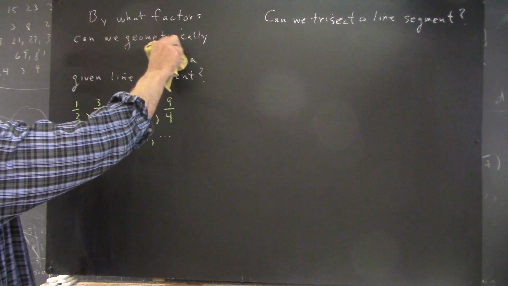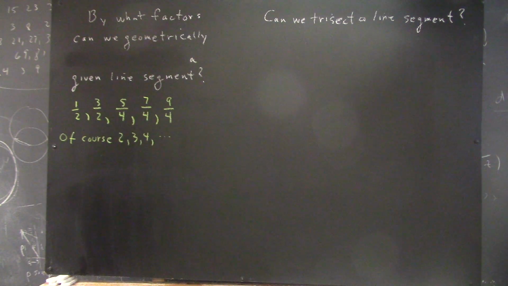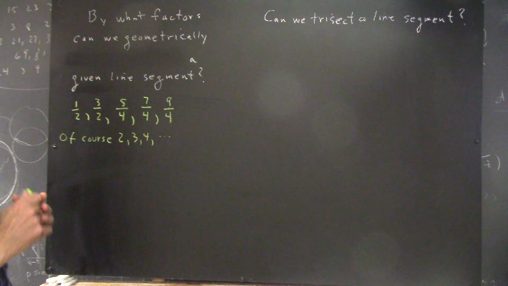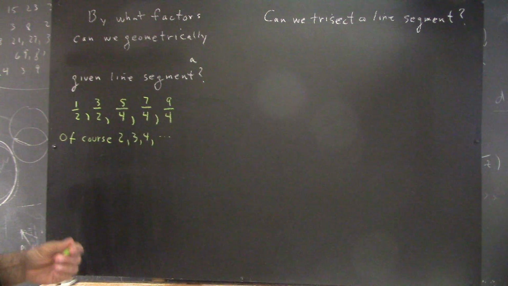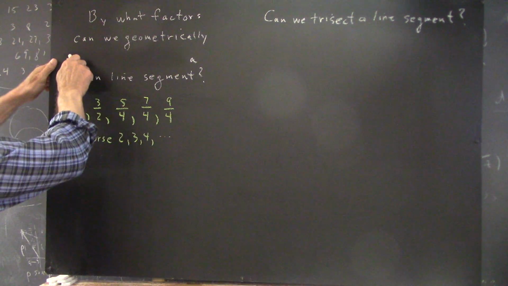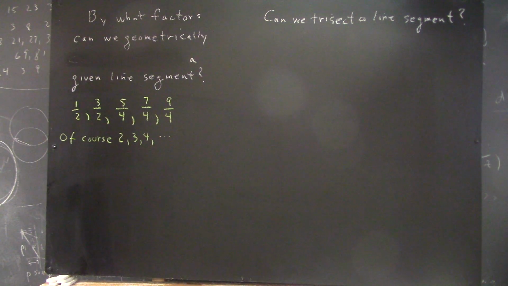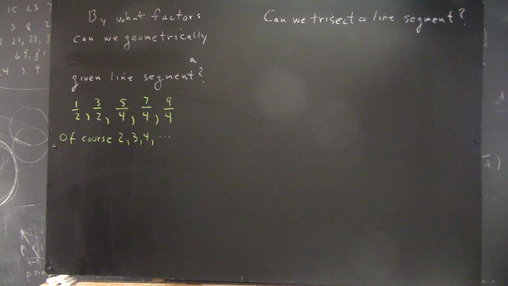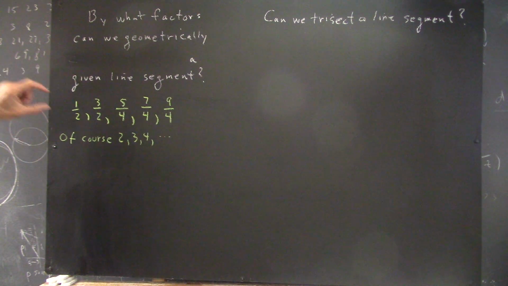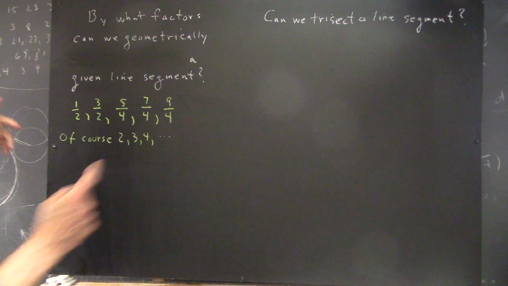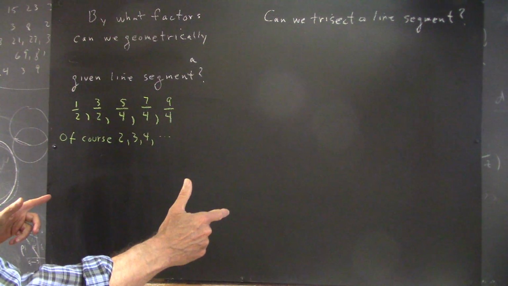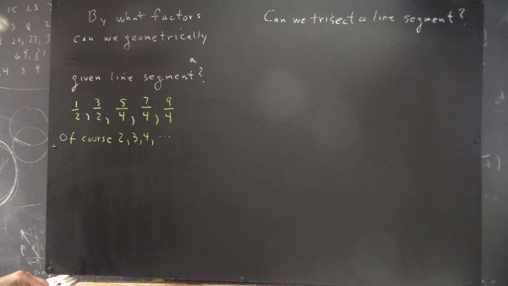I'm going to say change the length of. Okay, so let's see if I can write that. I have to let it dry for a minute, but that's going to read change the length of a given line segment. So we can change the length of a line segment by factor 1/2, meaning it's going to become 1/2 as long. By factor 3/2, meaning it's going to become 3/2 as long, or 50% longer.